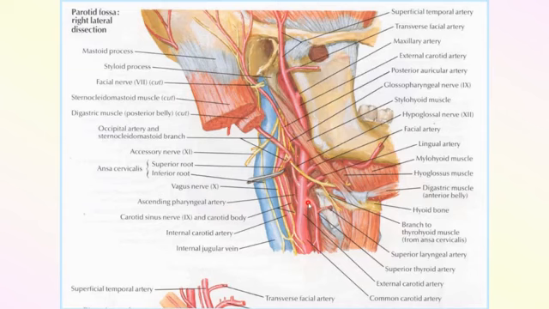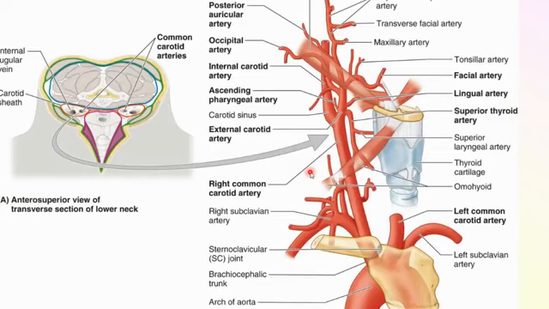So if we keep traveling superiorly, the next branch that we are going to see is the lingual artery, and here is the lingual artery right here. The lingual artery will originate from the carotid artery, and it will usually be opposite the tip of the greater horn of the hyoid. So in this picture, we don't see the hyoid. Let me see if you see it in the next. Yeah.